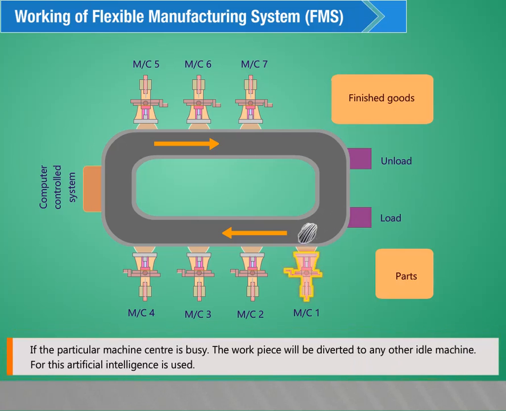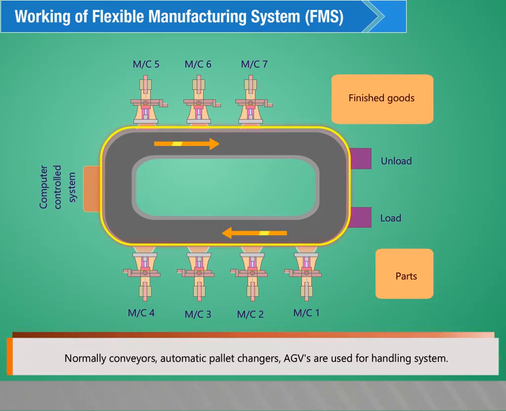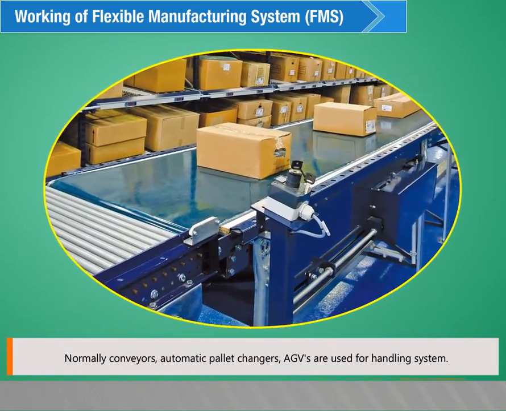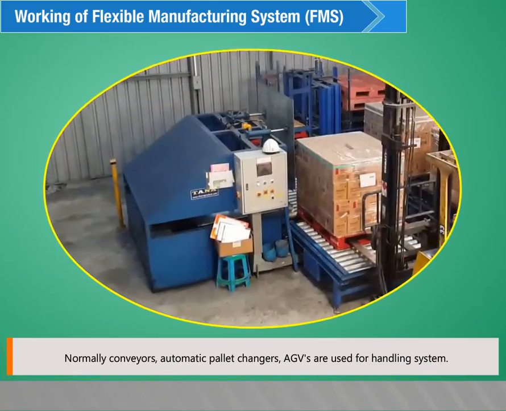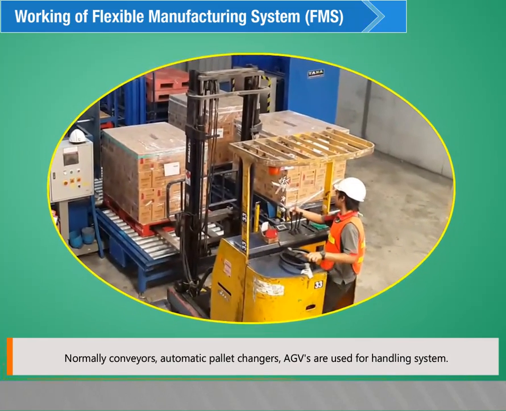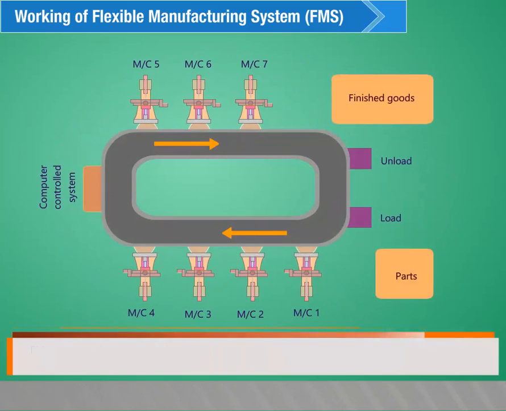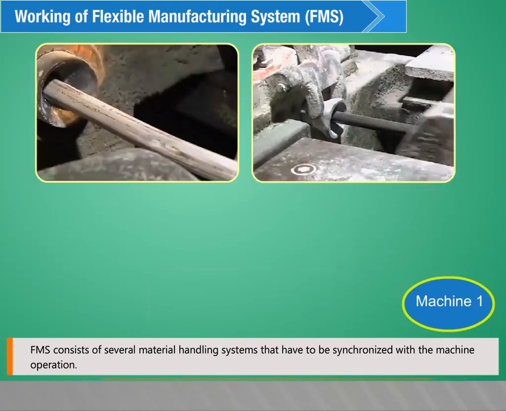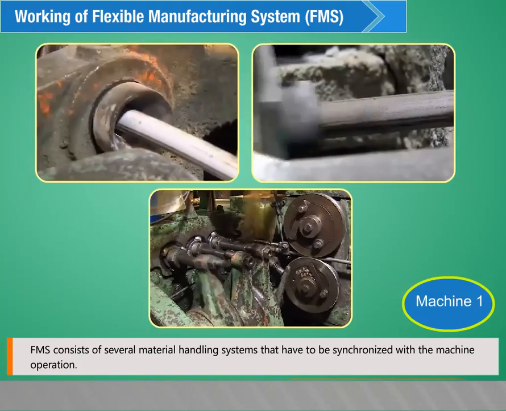If the particular machine center is busy, the workpiece will be diverted to any other idle machine. For this, artificial intelligence is used. Normally, conveyors, automatic pallet changers, and AGVs are used for the handling system. FMS consists of several material handling systems that have to be synchronized with the machine operation.